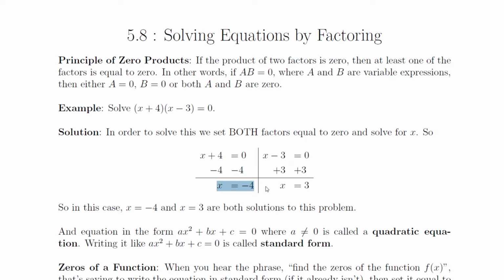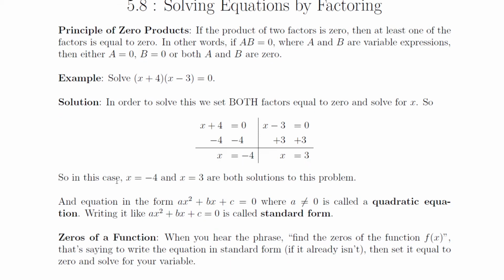I find that x is equal to minus 4. Here, I'm going to add 3 to both sides, so I find that x is equal to positive 3. So when we are looking for solutions, these are two possible solutions for this problem. They're both solutions.